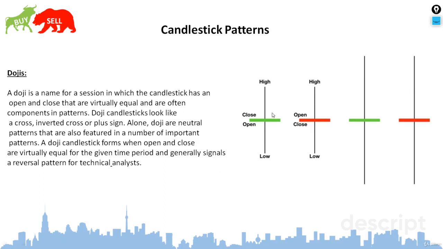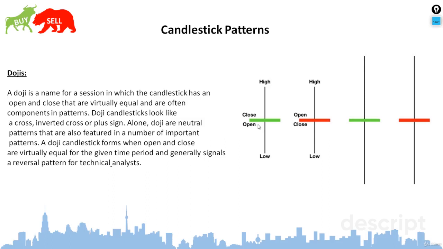This is how the doji looks. The market opens here and the price rises up until here, the high, and falls down and closes here to mark a very small body. The open price and the close price don't have to be exactly the same to qualify this candlestick as a doji.